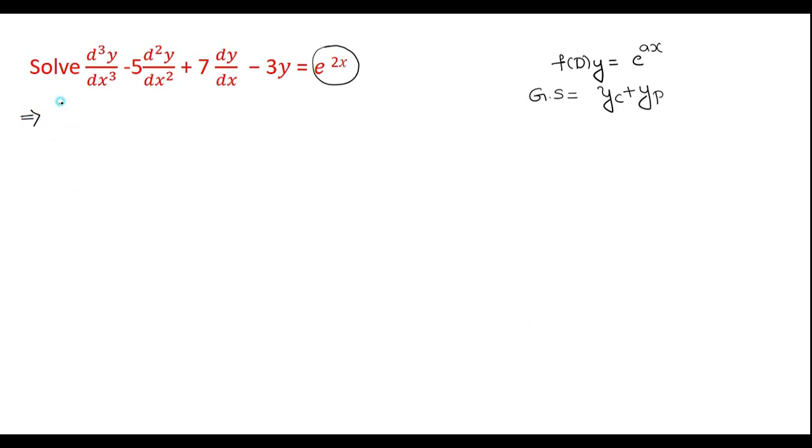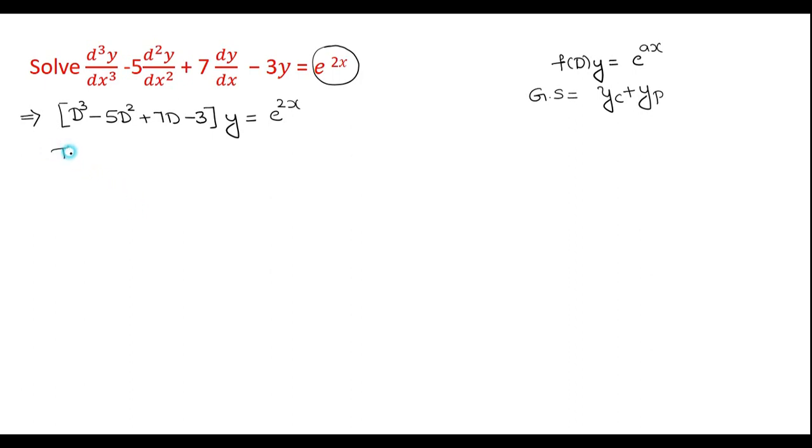So write this given differential equation with the operator D. This will be written as D cube minus 5D square plus 7D minus 3 of y is equal to e raised to 2x.